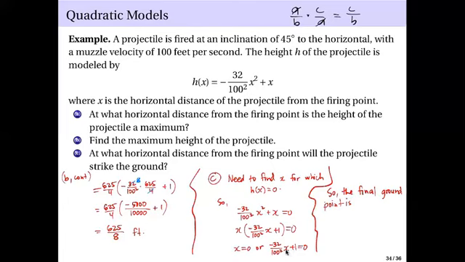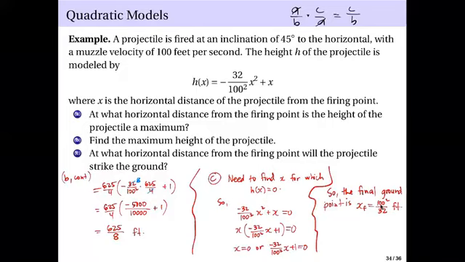So if you solve for this, you put this guy here on the other side, and then you solve for x, you will get x sub f equals 100 squared over 32 feet.